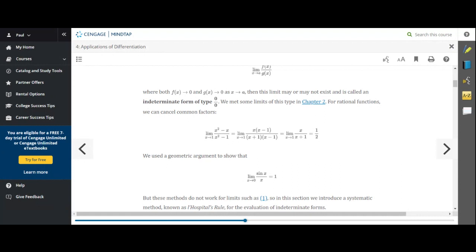So we can factor the numerator and the denominator, and we see that the x minus 1 factors simplify out, and the limit is going to be a half. That's something you learned you could do.